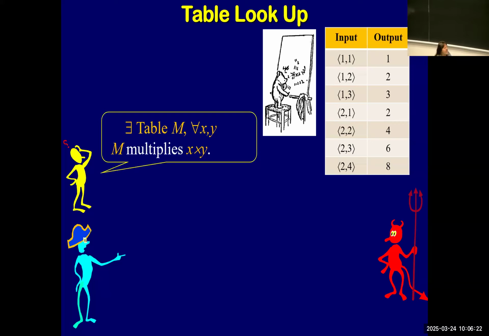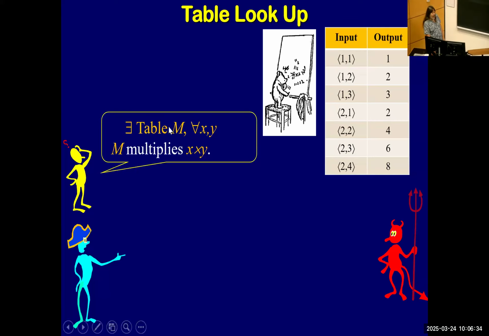A table is always finite. It's saying there exists a table, it's finite, and that for any x and y, it knows how to multiply. So it's not true.